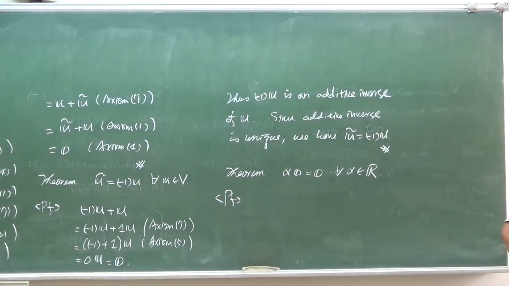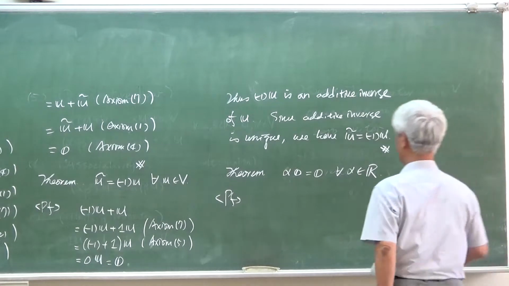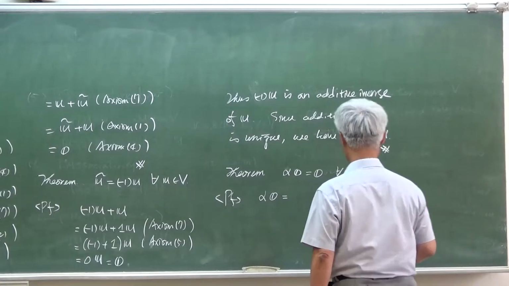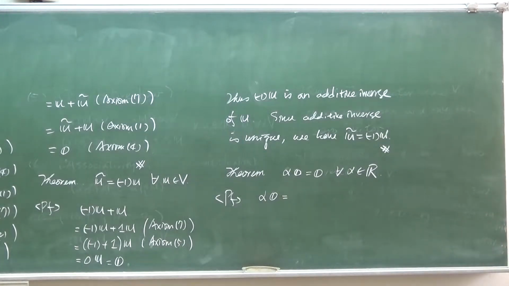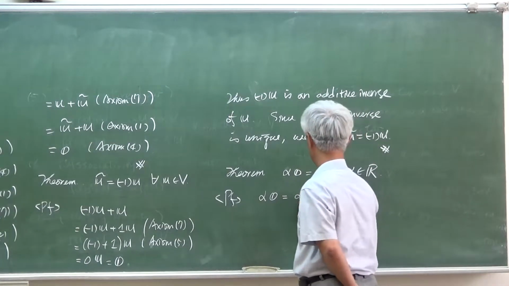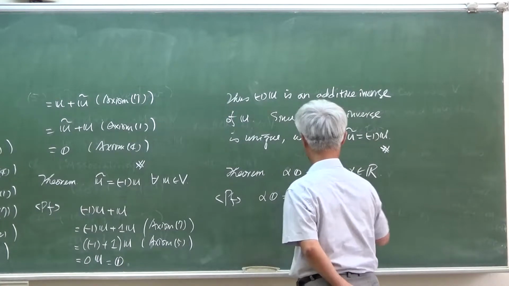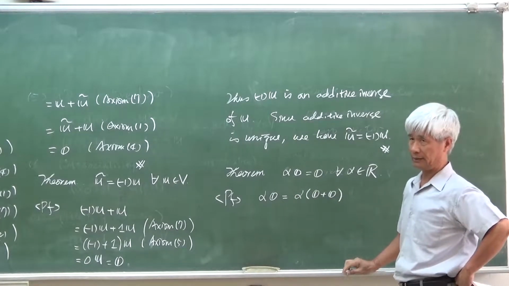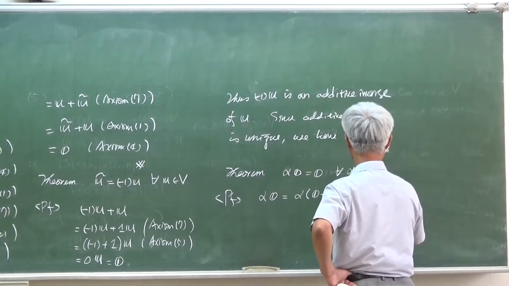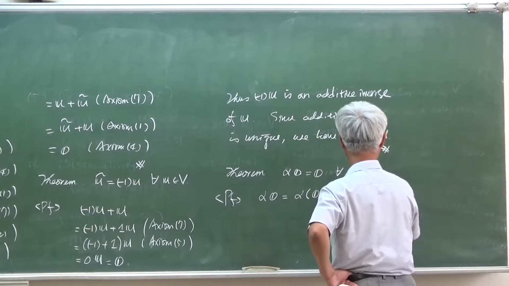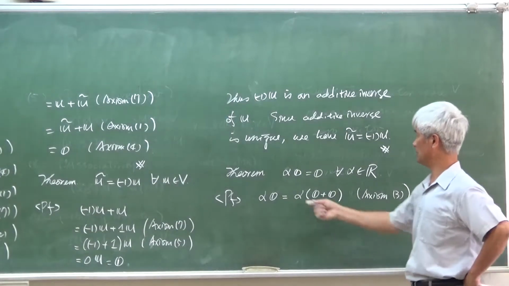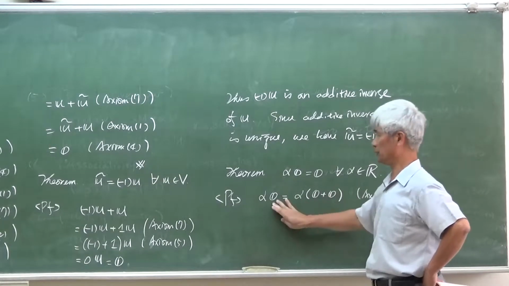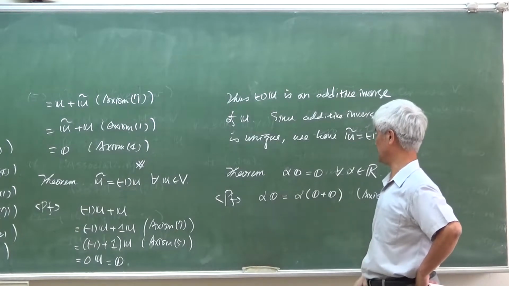So the proof here is that alpha 0 actually is alpha 0 plus 0, because 0 is equal to 0 plus 0 by axiom 3. Because 0 itself is a vector, and a vector added with the 0 vector is equal to that vector itself.